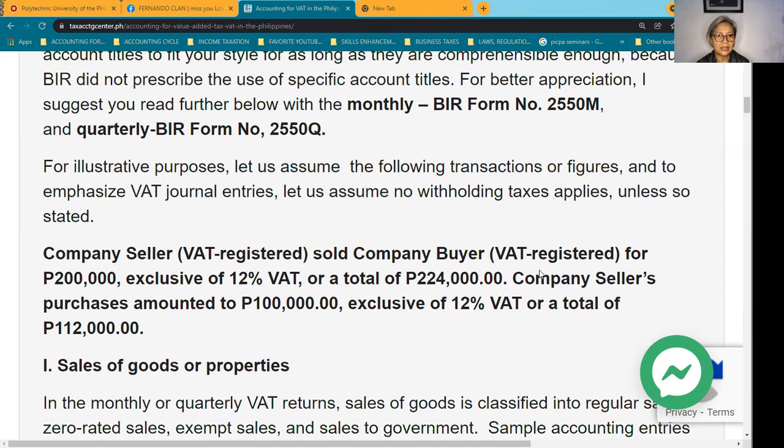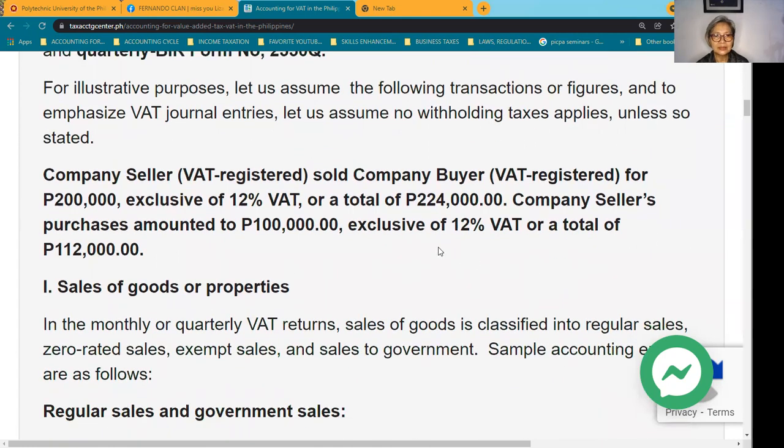Company seller VAT registered, sold to company buyer VAT registered for 200,000, exclusive of 12% VAT, for a total of 224,000. Company seller's purchases amounted to 100,000 exclusive of VAT, or a total of 112,000.